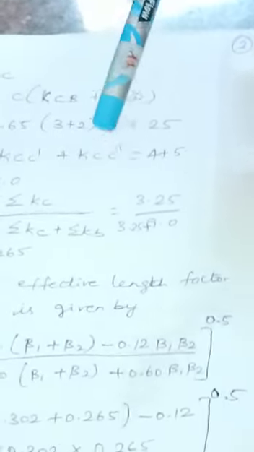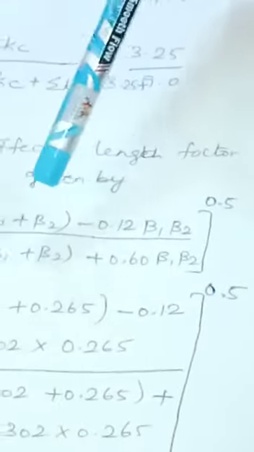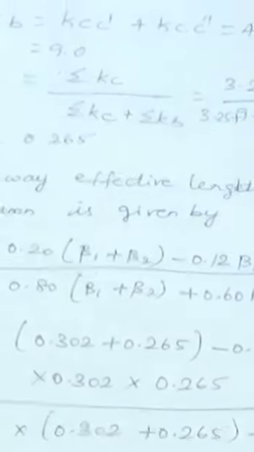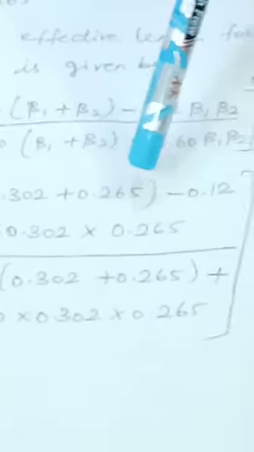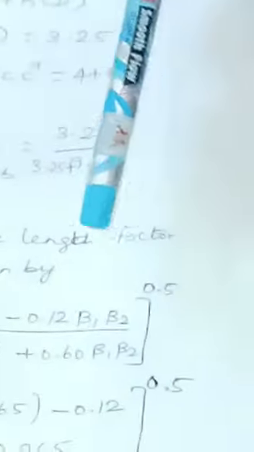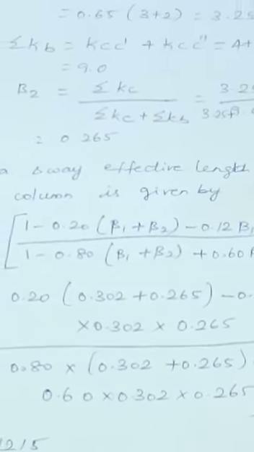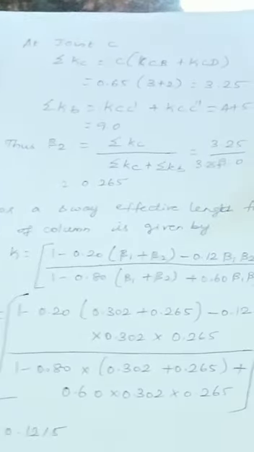To find the effective length factor, the values of beta 1, which is 0.302, and beta 2, which is 0.265, are substituted here. Based on substitution and calculation, it is found that the effective length factor of column BC is 0.1215. Okay students, I think you have understood how to calculate the effective length factor of a column. Thank you.